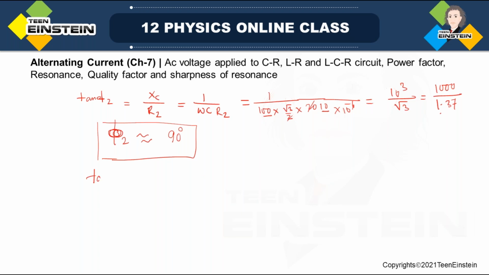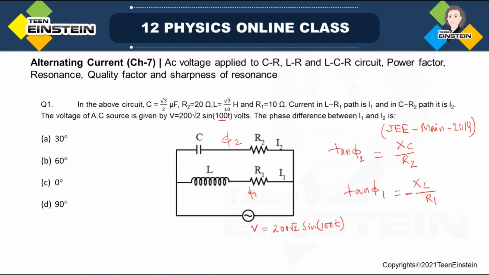Similarly, we can find tan phi 1 is equal to XL by R1. What is XL? XL is omega into L divided by R1. So this is 100, we know, and L is root 3 by 10 Henry.